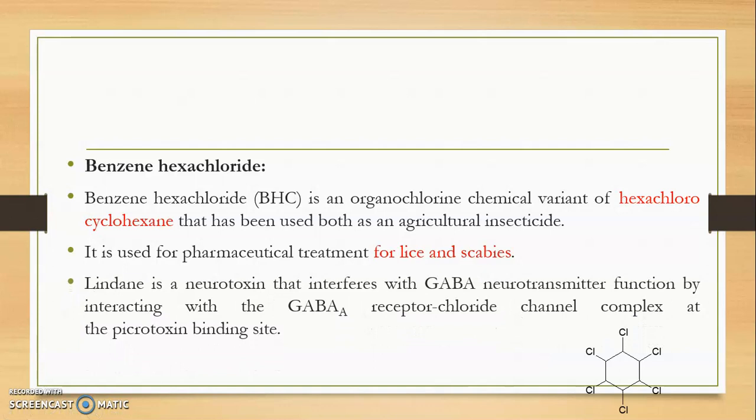Lindane is another name for benzene hexachloride, which is a neurotoxin that interferes with GABA neurotransmitter function in the brain by interacting with the GABA A receptor chloride channel complex at the picrotoxin binding site. GABA is an inhibitory neurotransmitter. So this BHC interacts with the GABA receptor chloride channel complex.